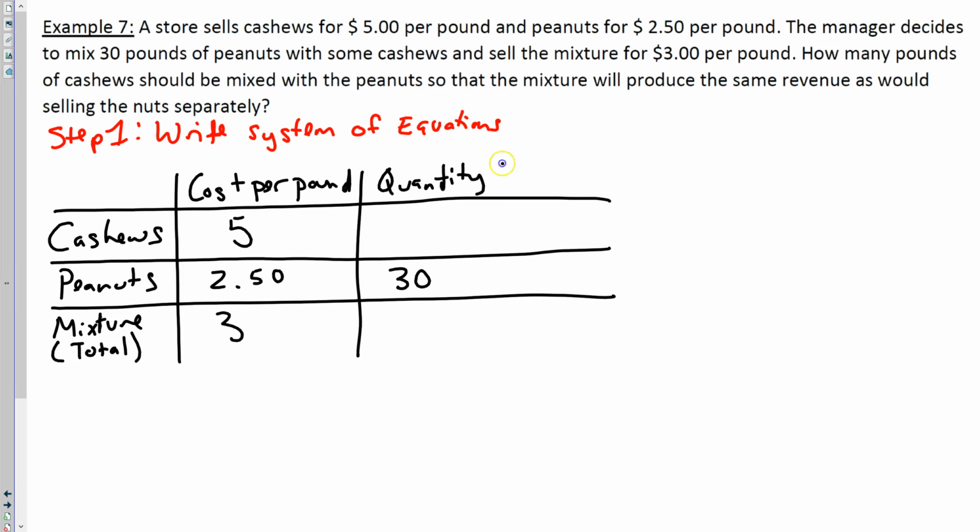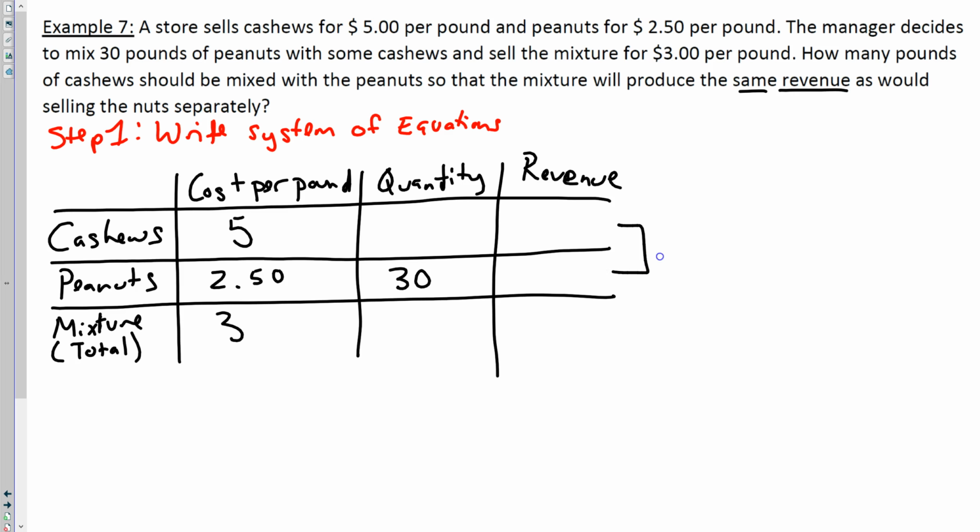And they were also interested in revenue, right? They want to have the same revenue for selling the mixture as we would if we had sold these separately. So there's also this category of revenue that we care about.